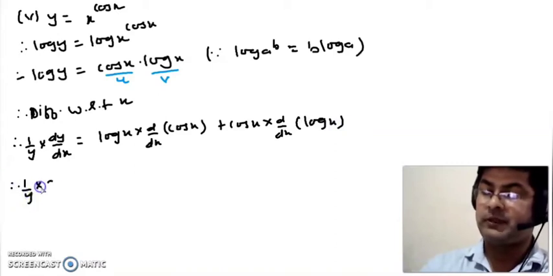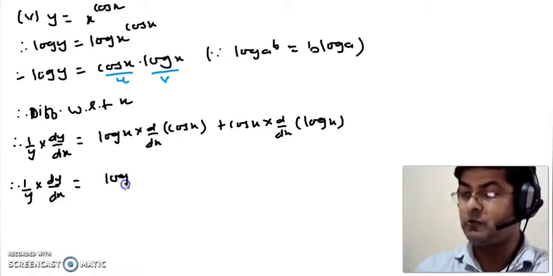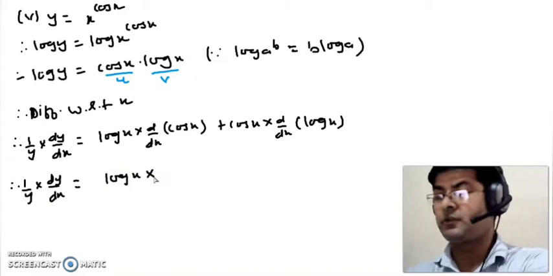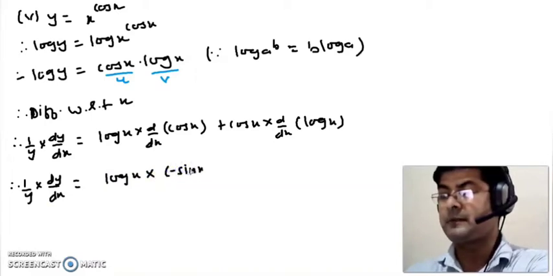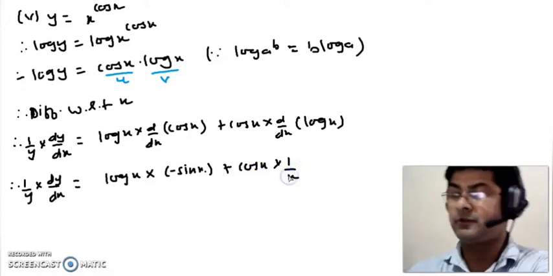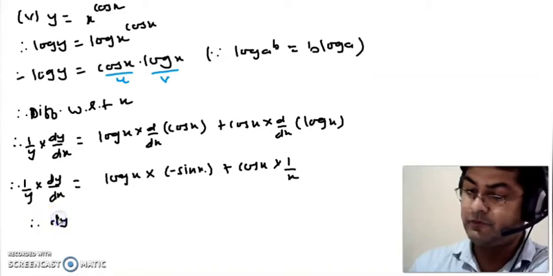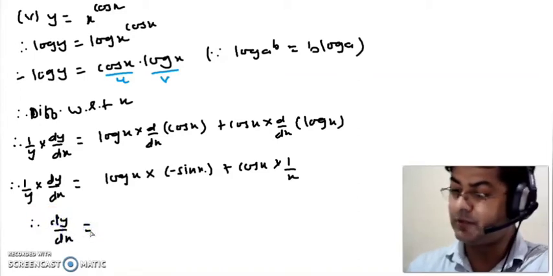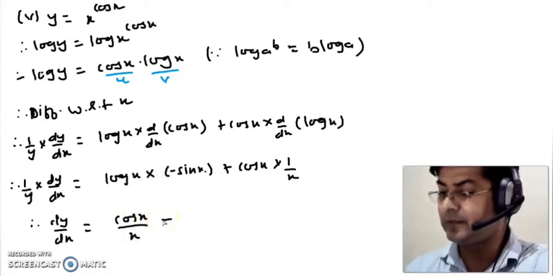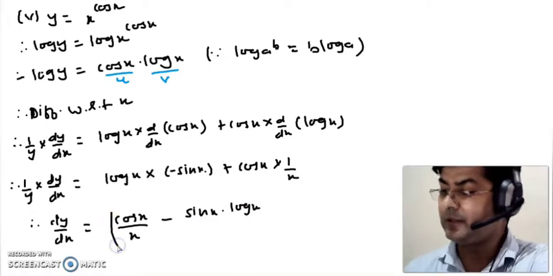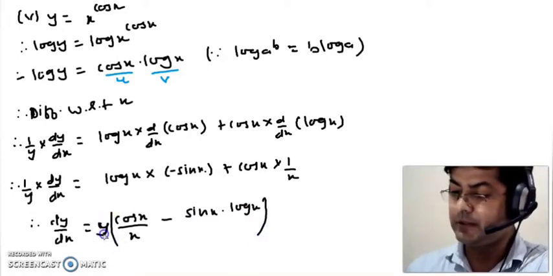Therefore 1 by y into dy by dx is equals to log x into differentiation of cos x is minus sin x plus cos x into differentiation of log x is 1 upon x. Therefore dy by dx, the positive term I will write down first. So cos x upon x here minus sin x into log x. And this y will be in multiplication outside.